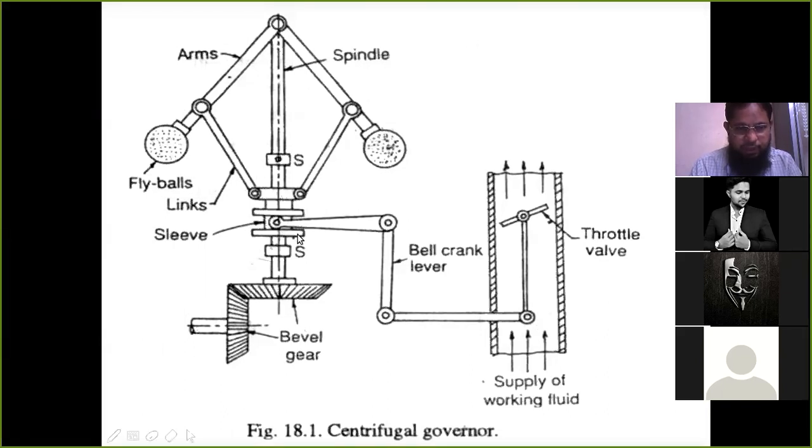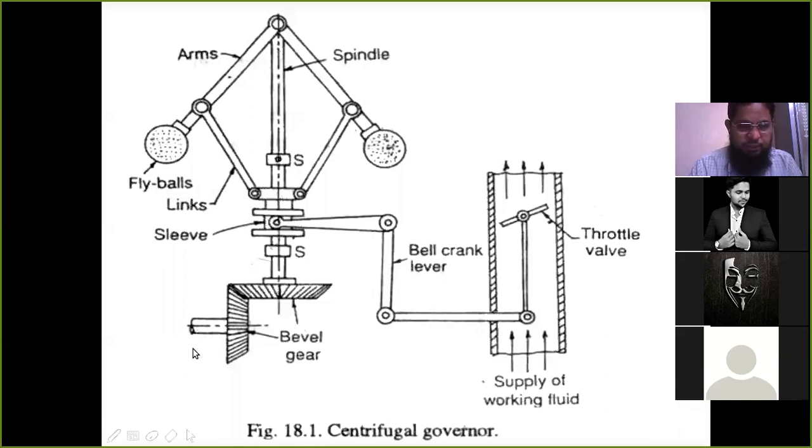Through this bell crank lever, the movement of the sleeve is transmitted to the throttle valve of the engine. As the sleeve is lifted, the throttle valve is closed so that the supply of working fluid is reduced. This reduces the engine speed back to the normal speed.